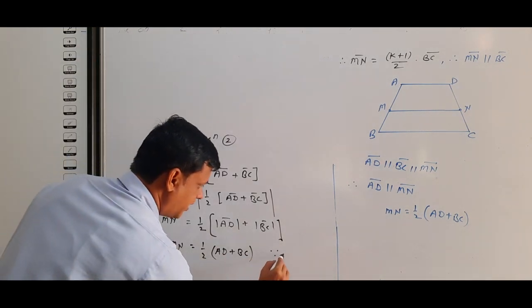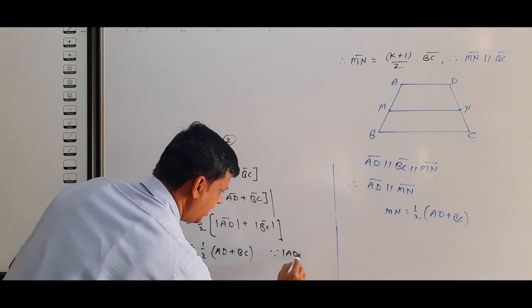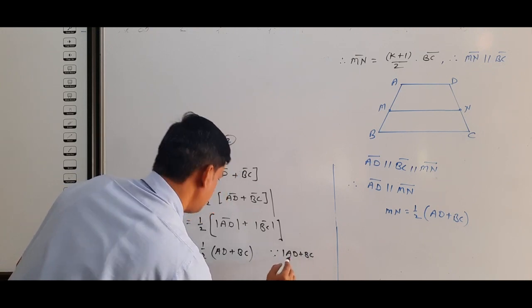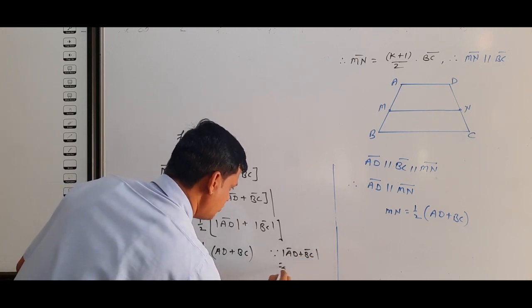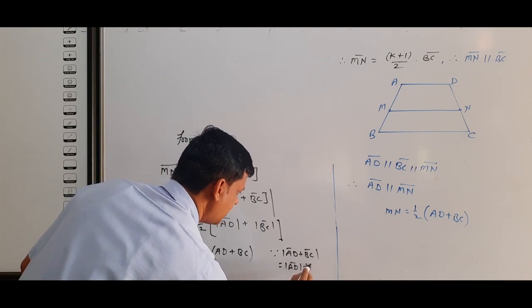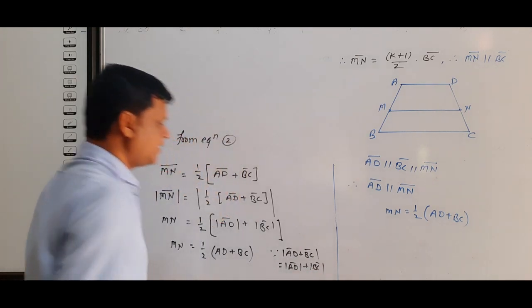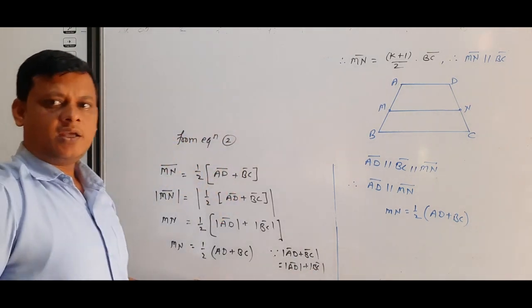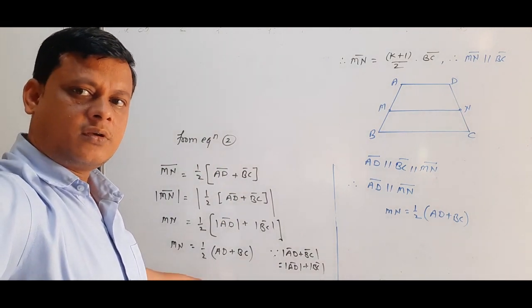Here we use the property that the magnitude of AD plus BC equals the magnitude of AD plus the magnitude of BC. So in this way we can write the solution of this question.